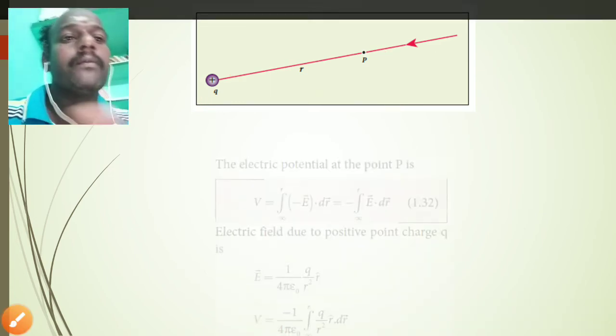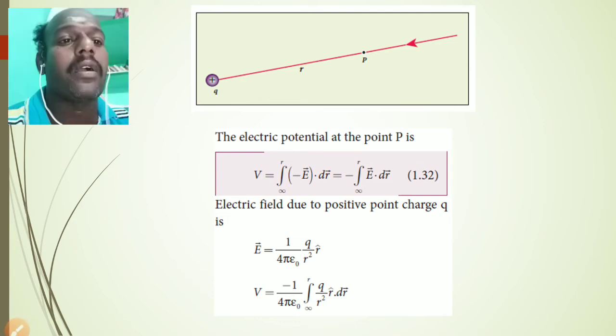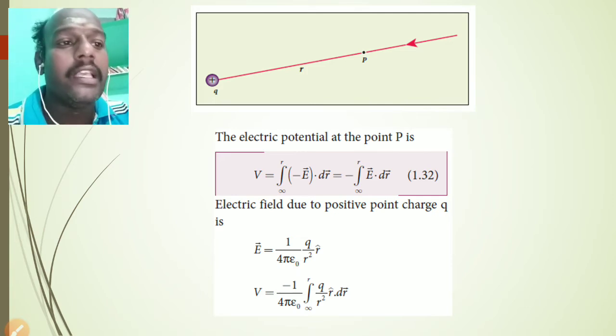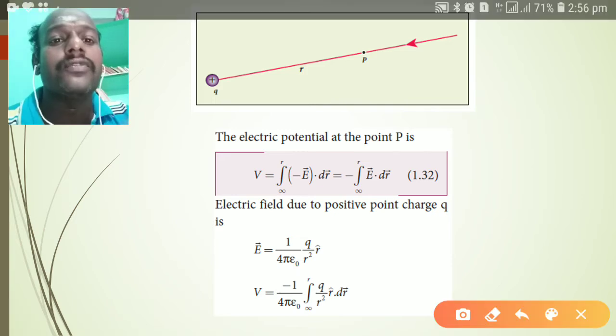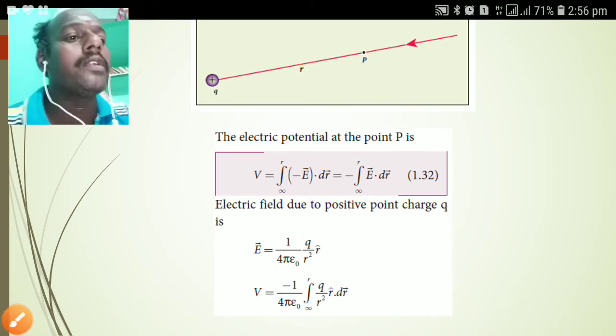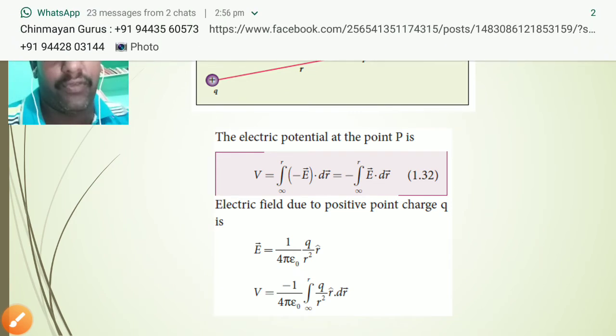So the electric potential at the point will be, according to the previous session, V equal to E into dr. Especially here the negative sign indicates the work has to be done against the electric field.